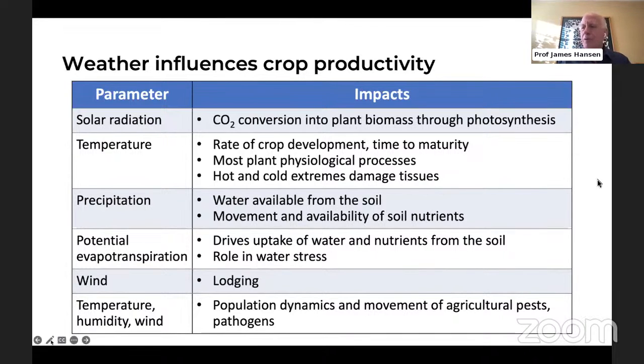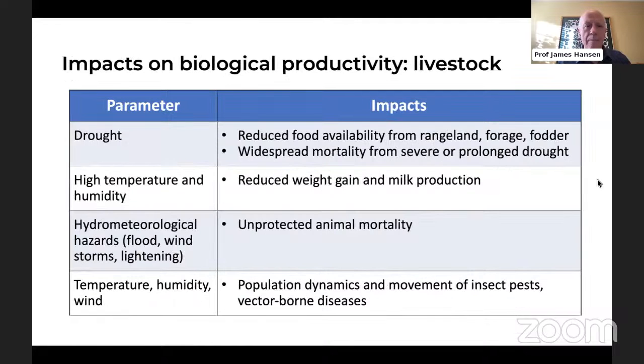Now we think of biological threats to crops, including insect pests, disease pathogens. These often interact with climate, particularly temperature, humidity, and wind. They can affect population dynamics and movement. They don't cause pest outbreaks, they don't cause diseases, but they can create conditions that are conducive to those biological threats to crop productivity.